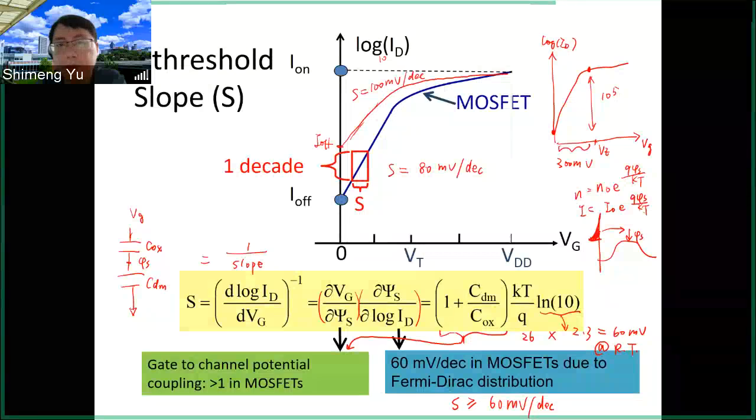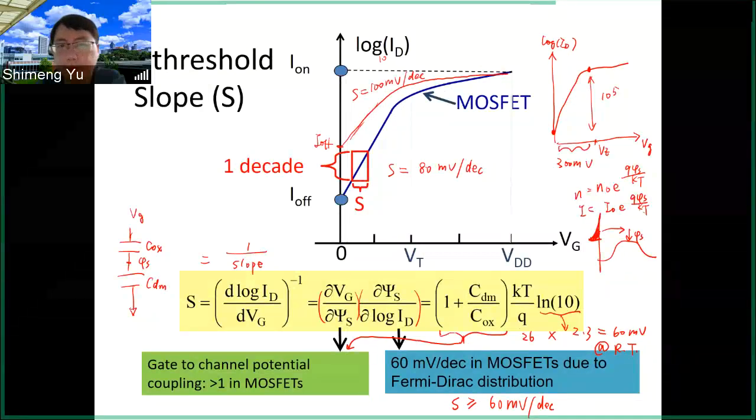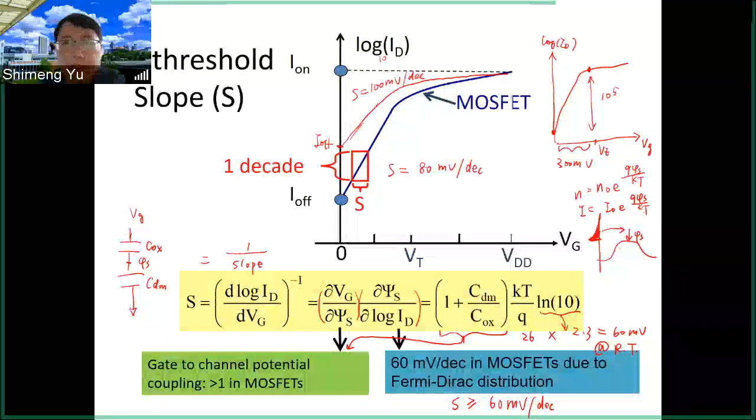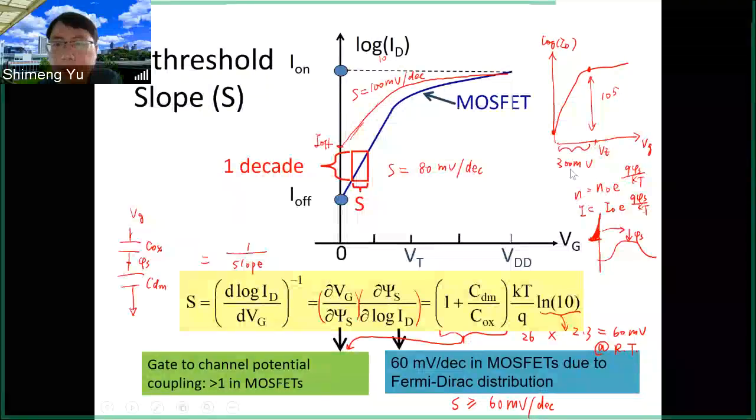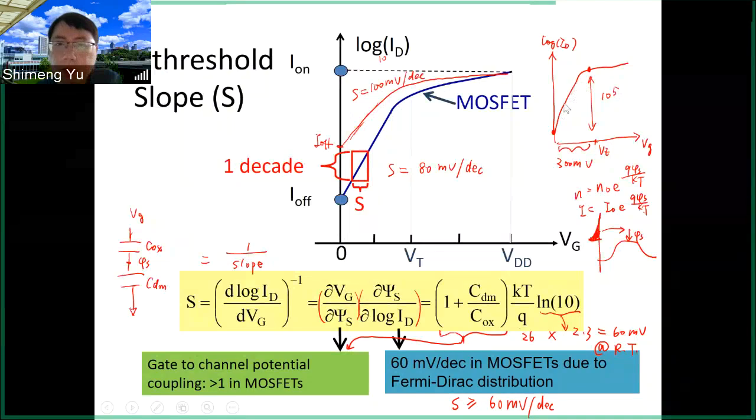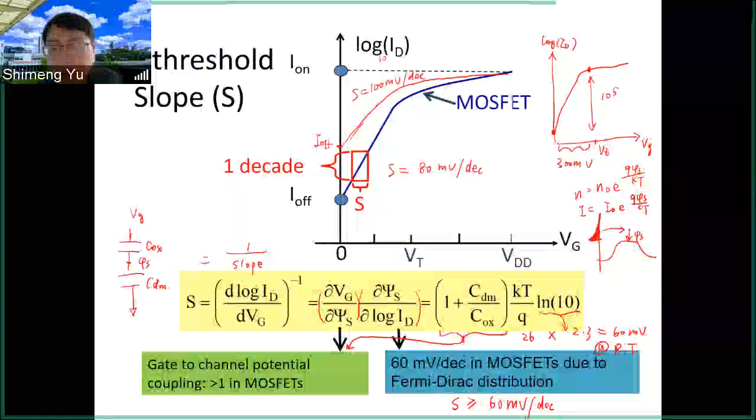This is what you can do. You cannot operate the chip with only 0.3 or 0.4 volts, because you have to turn on the transistor above the threshold, and the threshold cannot be smaller than 300 or 400 millivolts because of this S factor, which is a physical constant. You cannot change it.